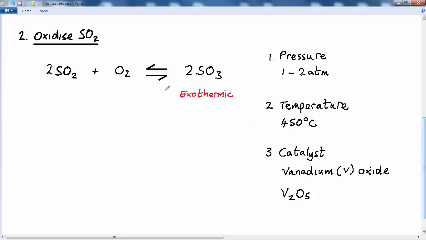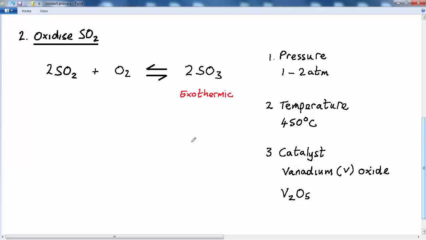That actually goes against the forward reaction because it's an exothermic reaction. However, it helps speed up the reaction rate, which is also very important in getting this reaction to go. So we have a moderate temperature there, 450 degrees Celsius, and the reaction is assisted by a catalyst called vanadium oxide, which will also speed up the rate of reaction.